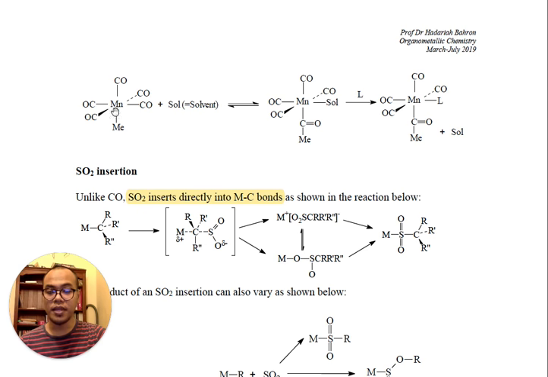You have manganese complexes with methyl here. So you have solvent, then definitely you have newly added carbonyl here, or carbonylation. The newly added carbonyl will not be added directly to your methyl.